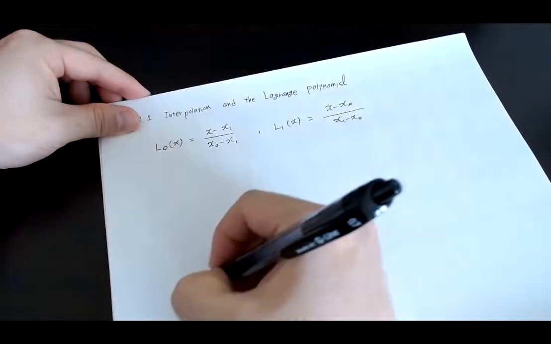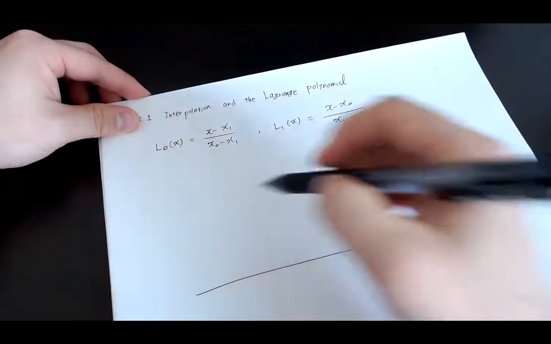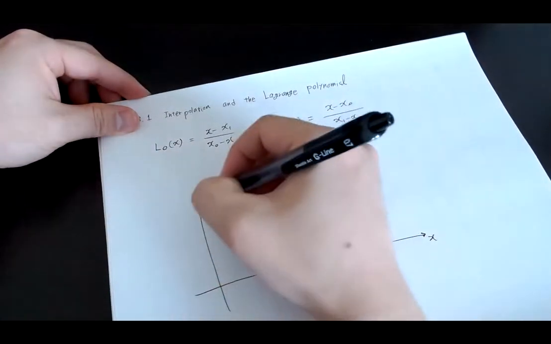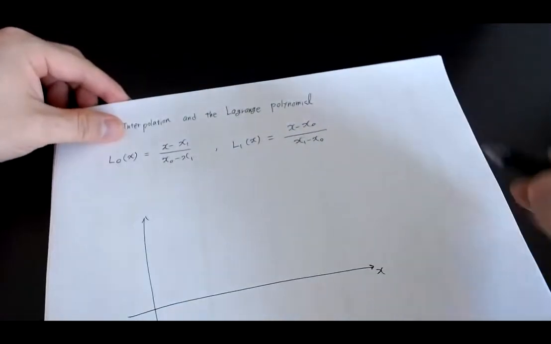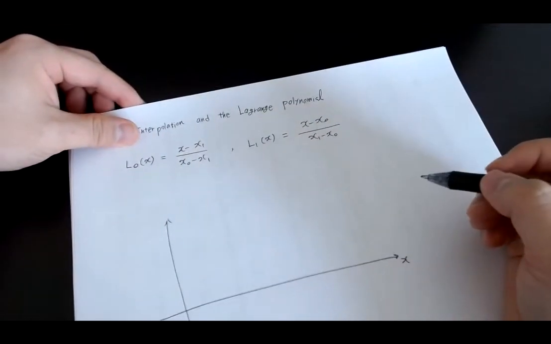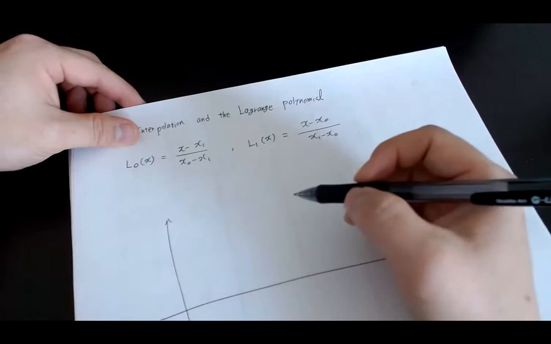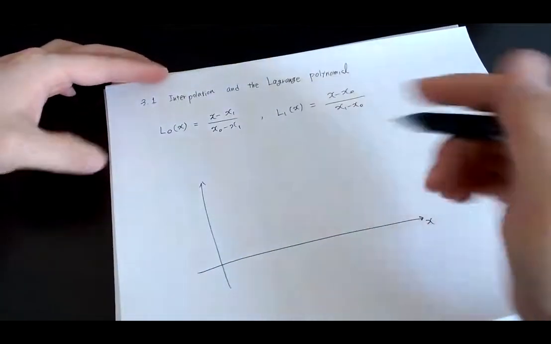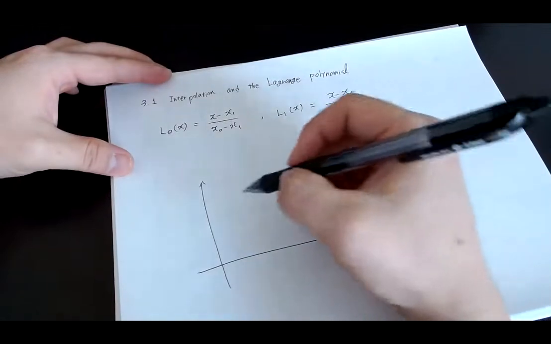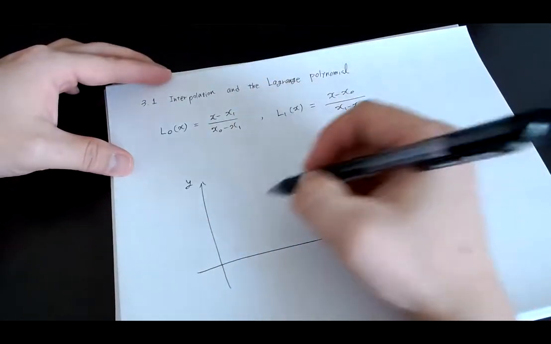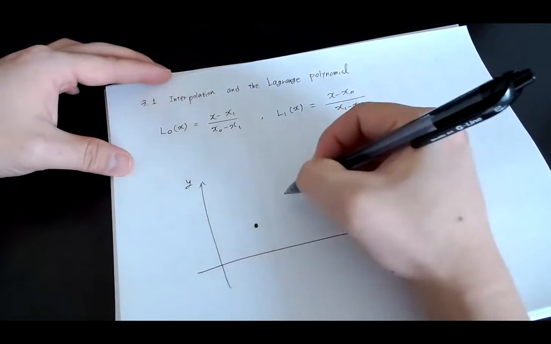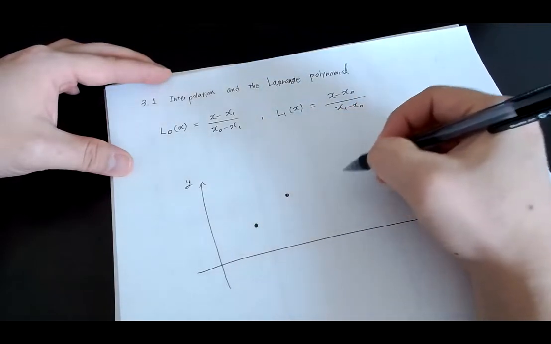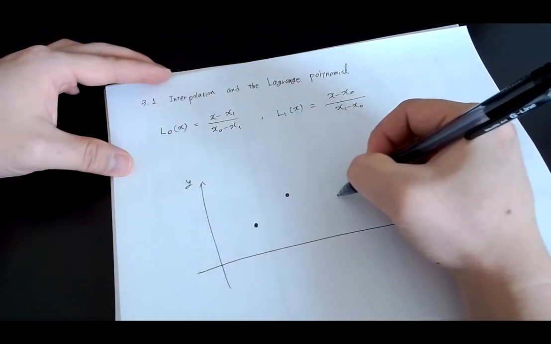Think about this. Here is the x-axis, and this is the y-axis. Let's say we have a whole bunch of data in the two-dimensional space. Maybe a point right there, and then a point right there, and maybe a point right here.